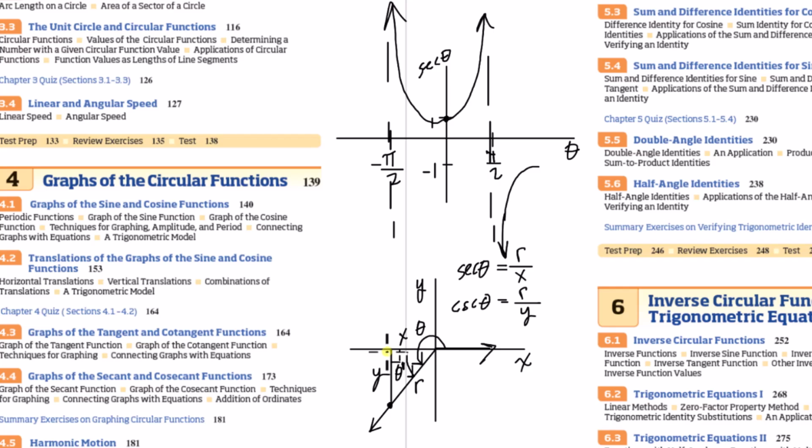And then when we go past pi, it's positive r, and then x is getting smaller and smaller, so you're going back towards negative infinity. And that's what happens when you get to 3 pi over 2. Another vertical asymptote.